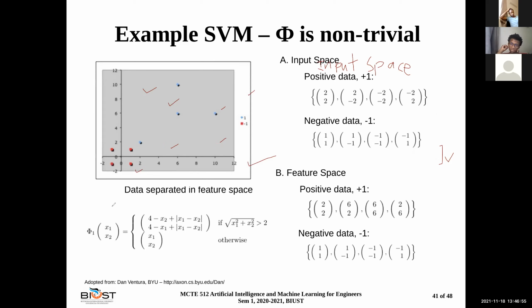Again, 2, 2, you're taking the positive value. So 2, 2, that's 0, and then 4 minus 2, that's a 2. So it is there, 2, 2. In terms of feature space, it remains there. So that 2, 2 becomes like that because of that equation.